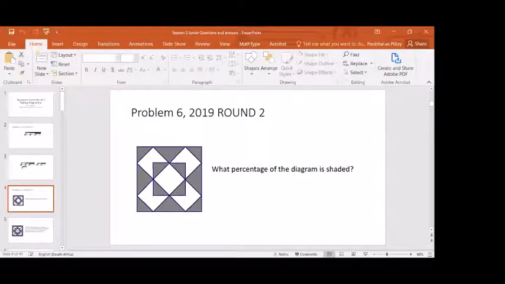So we need to know what percentage of the diagram is shaded. You've got quite a lot of pieces which are shaded here, and it's not quite clear as to how much of the square, the original square, is shaded. It's not clear at all. So we have to figure out some way of making it easy enough to estimate it.